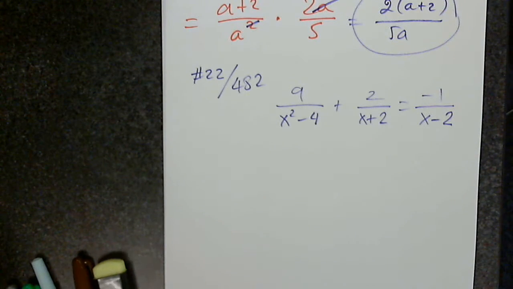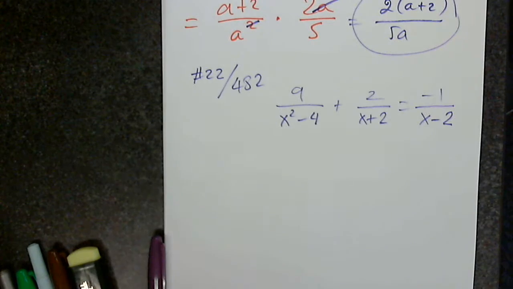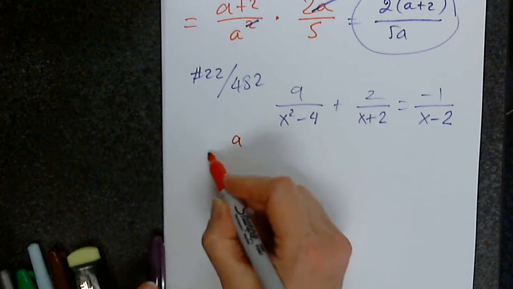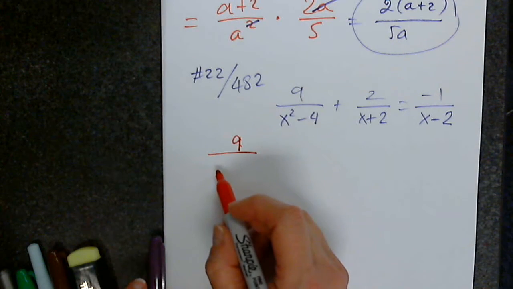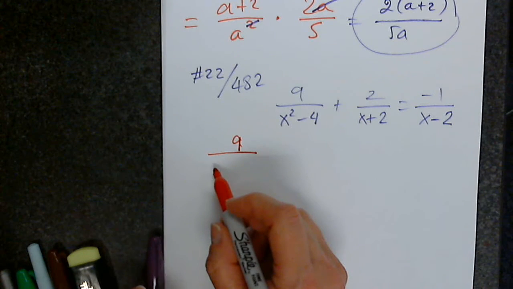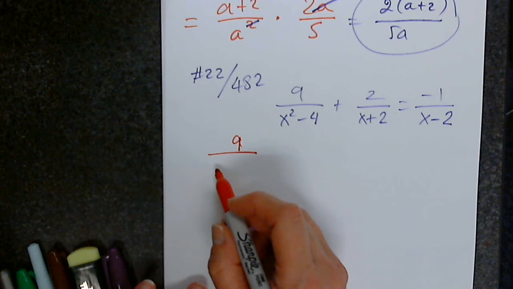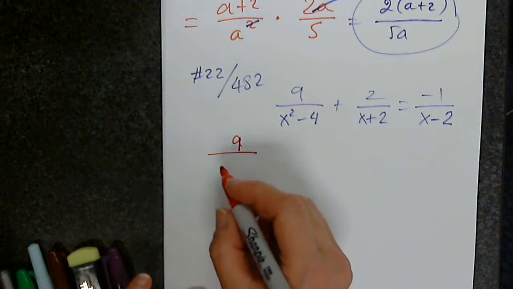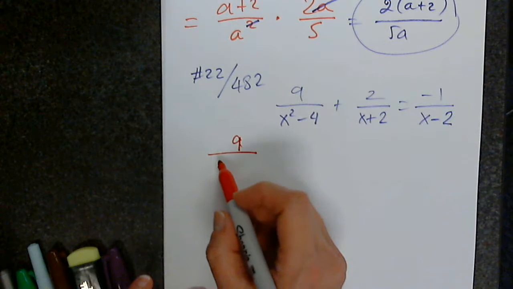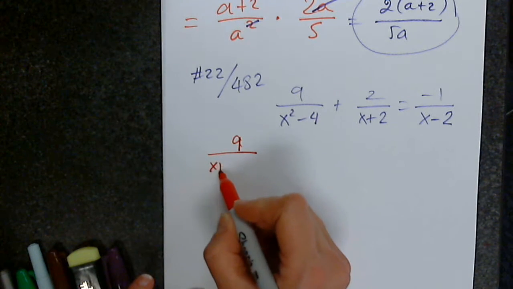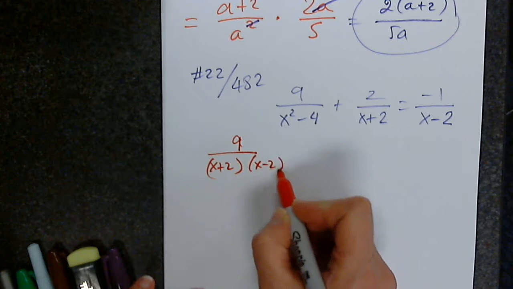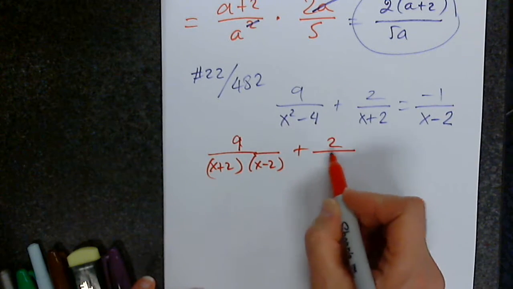Can anyone get us started? Just the first step. Set it equals 0. Good. So 9 divided by x plus 2, x minus 2, plus 2 over x plus 2.